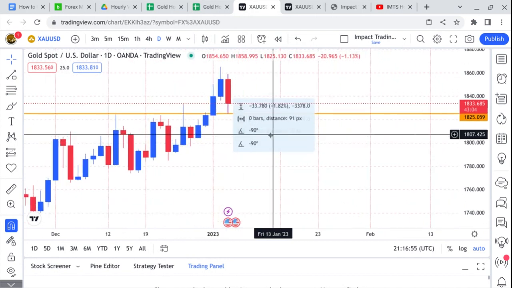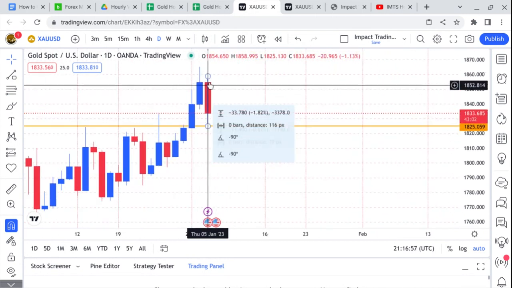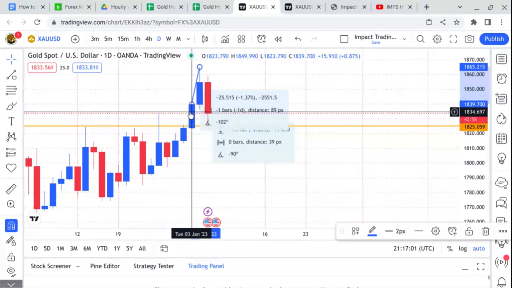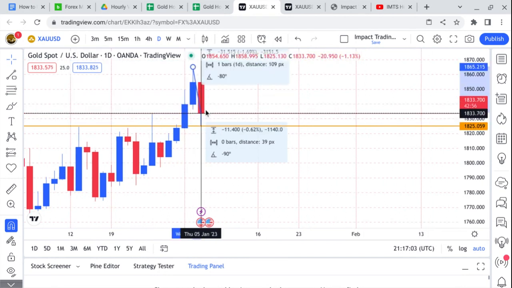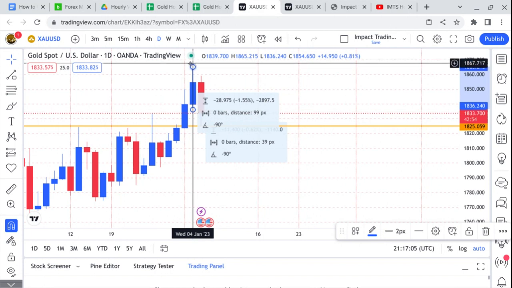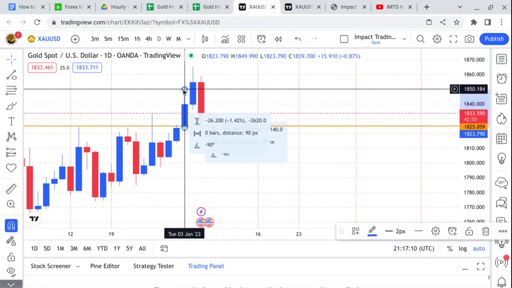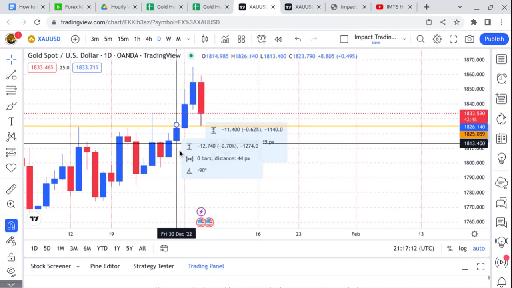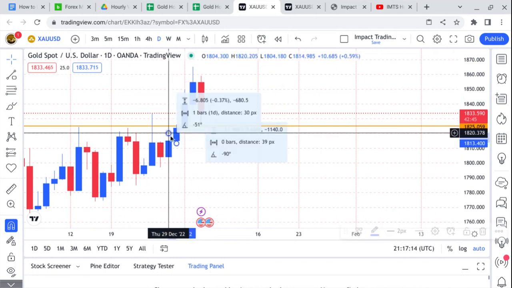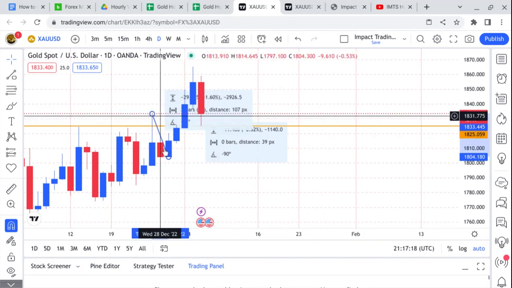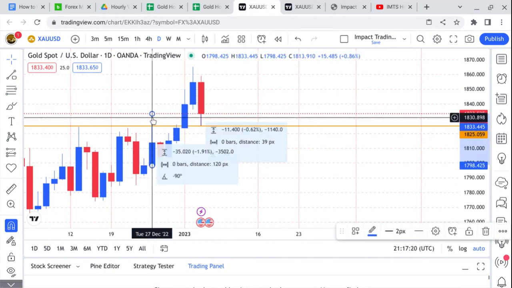So we're coming into a high end of the daily move, 3,000. 3,000, 3,000, 2,800, 3,000, 2,600, 1,500, 1,500. That's 3,500.